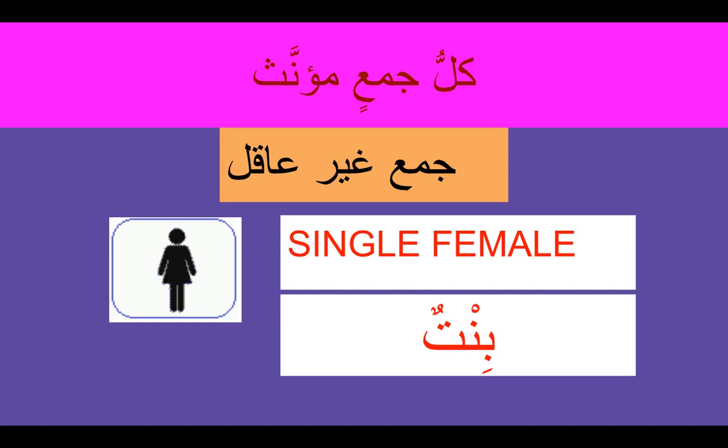So we use this phrase here, kullu jam'in. So every plural form which is ghayr aqil is a mu'annas, a single female. This is what our topic is: every ghayr aqil plural, jam'u ghayr aqil, kullu jam'in mu'annas, is a single female.